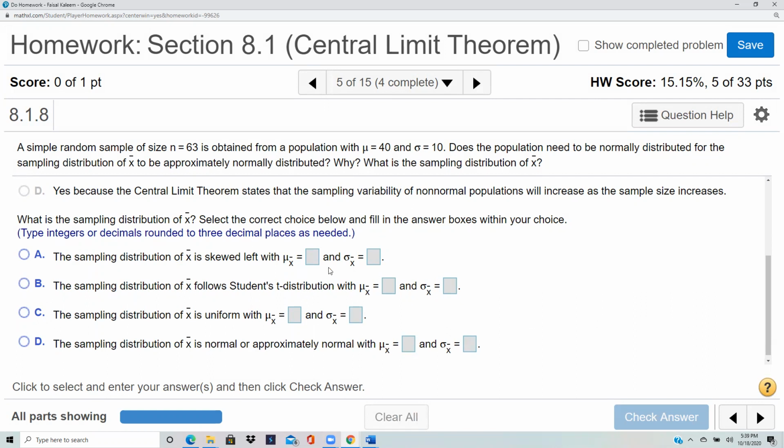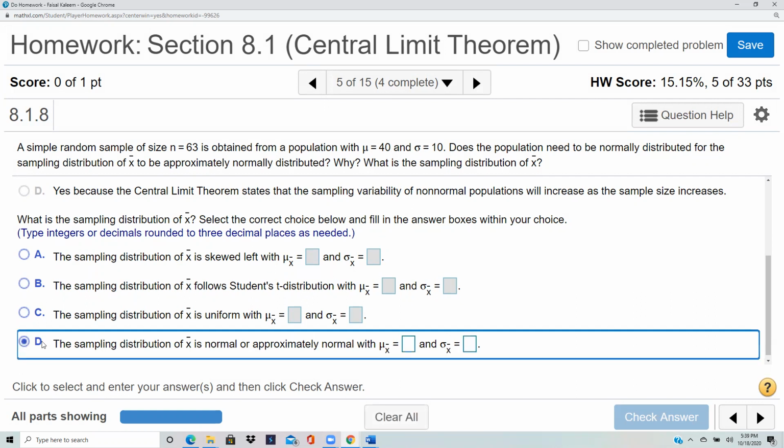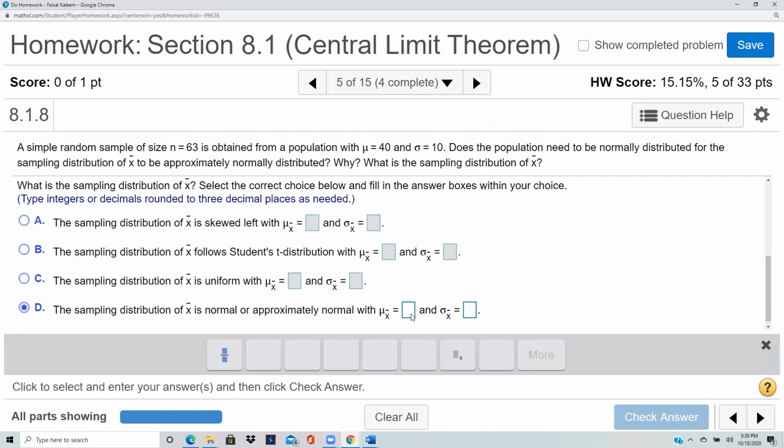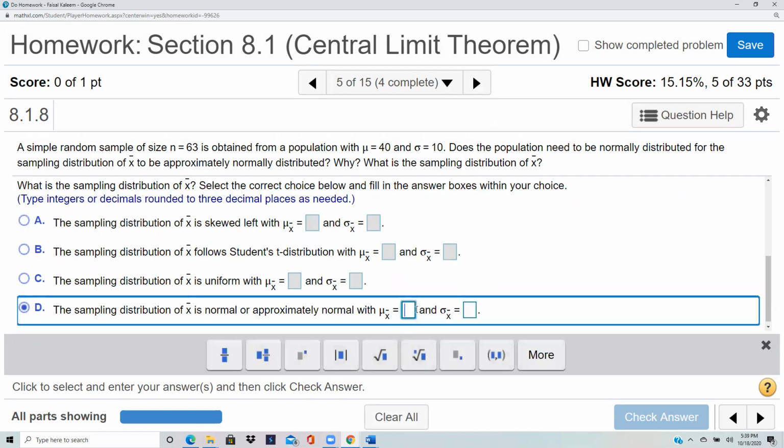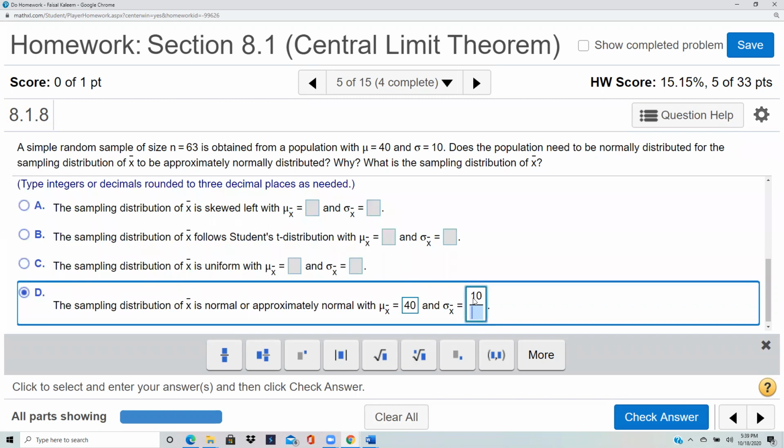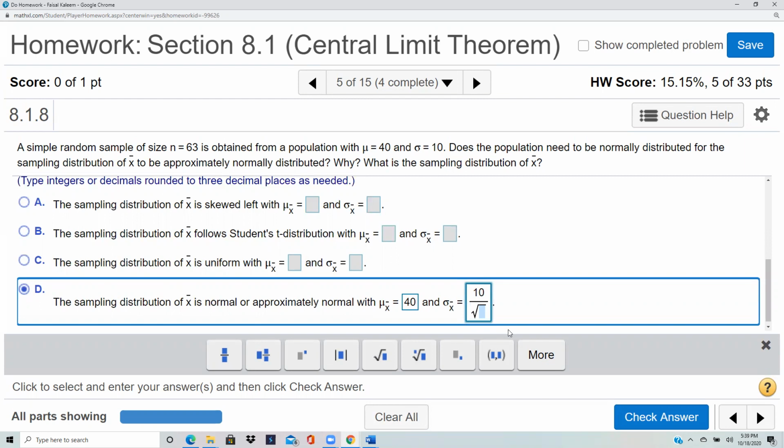The sampling distribution is normal with mean the same as the original mean, which is 40. And the standard deviation is the original standard deviation, which is 10, divided by the square root of the sample size, so the square root of 63.